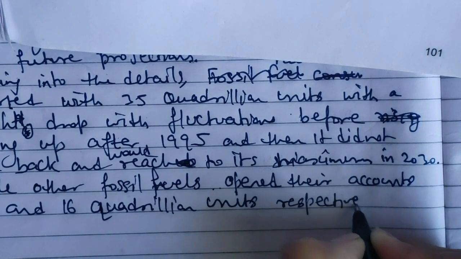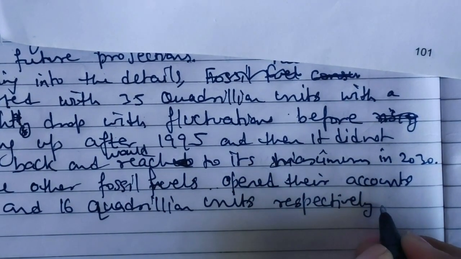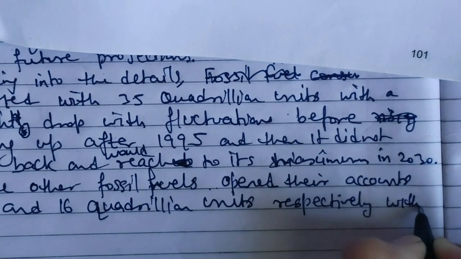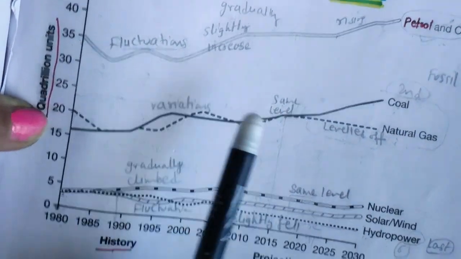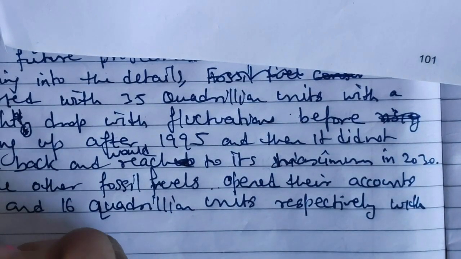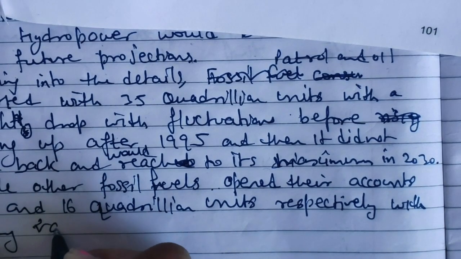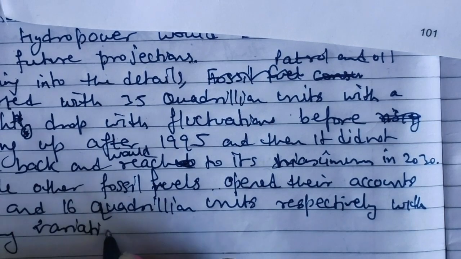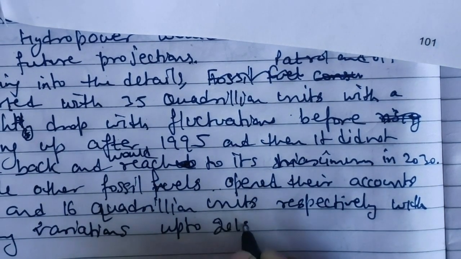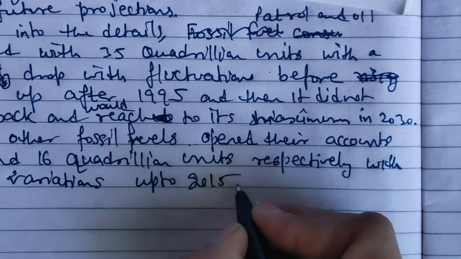Okay, so you have to give it like this, respectively, and with many fluctuations up to 2015. I have already used fluctuations, so I will be using with many variations up to 2010.